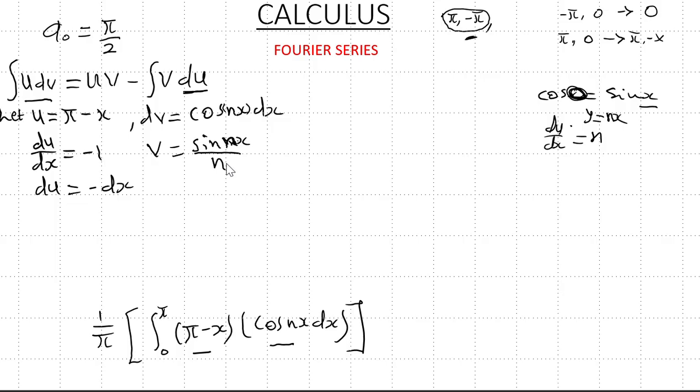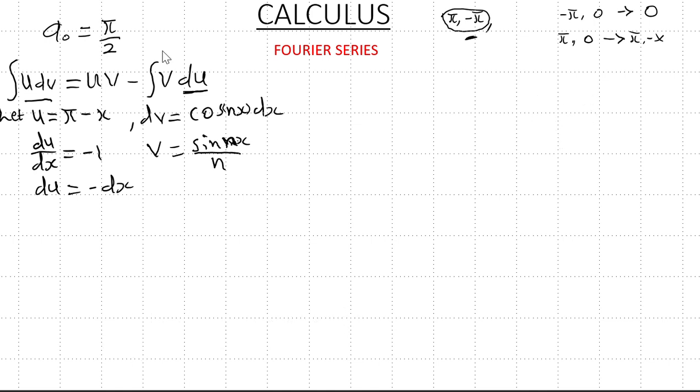So what we are going to do next is put the individual quantities we got into the formula. Here, don't forget our 1 over pi. So we are going to put them into this. u is equal to pi minus x, so we have half, pi minus x.